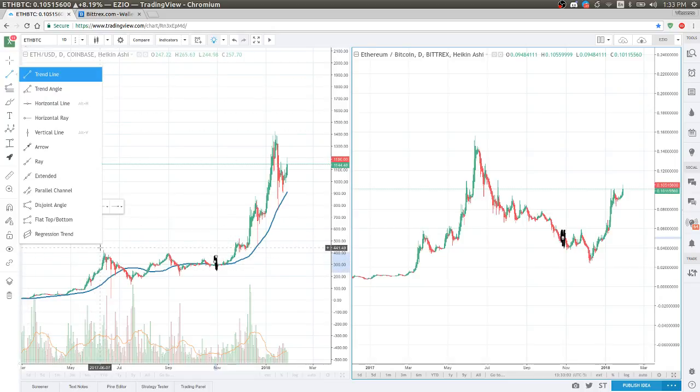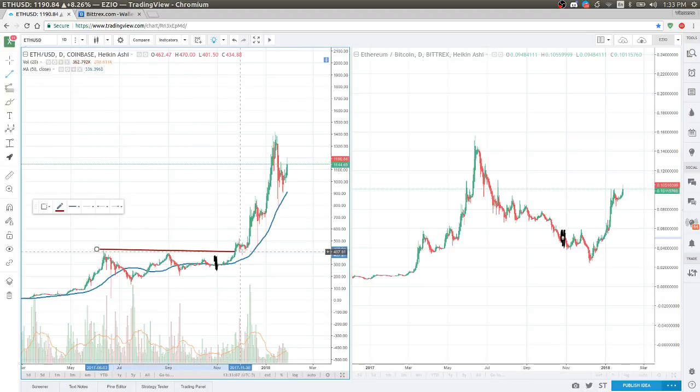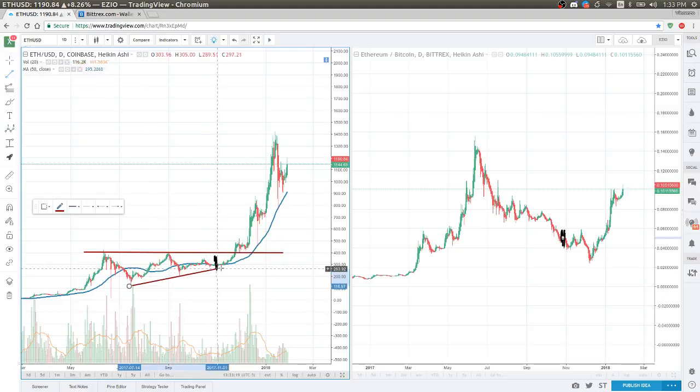So I saw this flat top at the time, and I think I drew something like that. So for me, Ethereum was ready to go, especially at this point right here, right where it's bouncing off. So it was a perfect buy for me, Ethereum, all day, because it was ready to go.